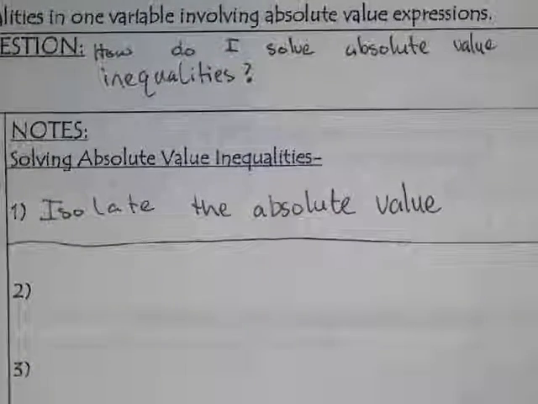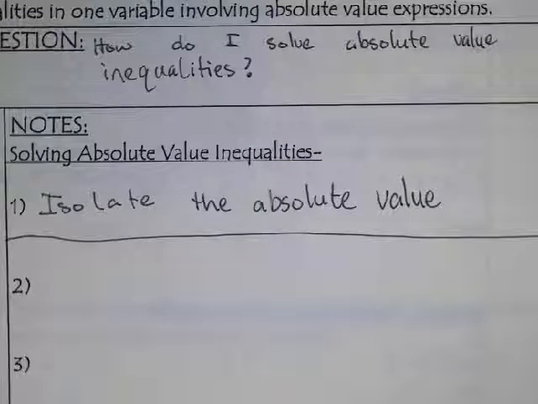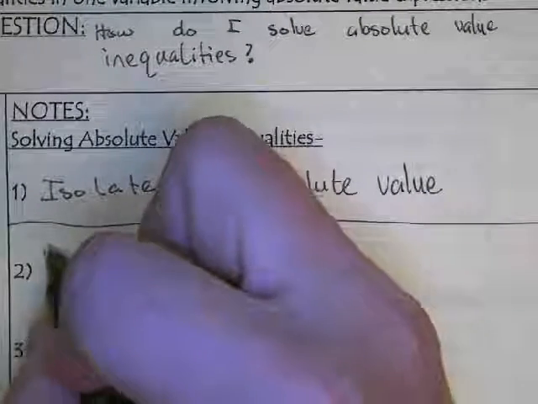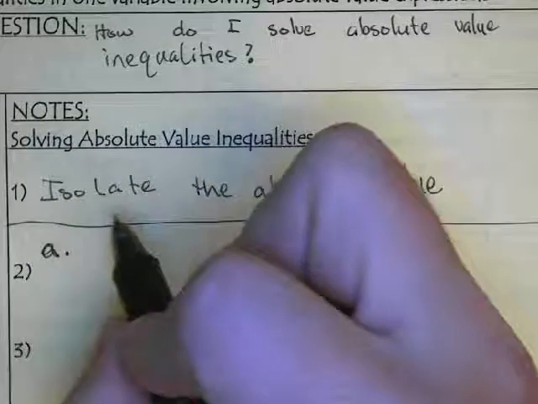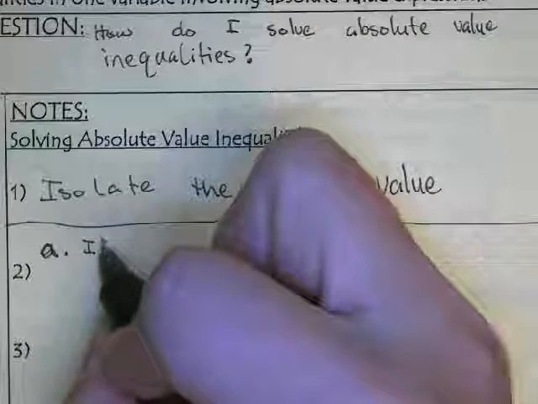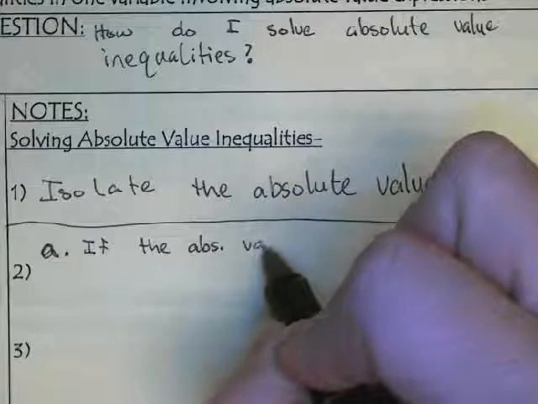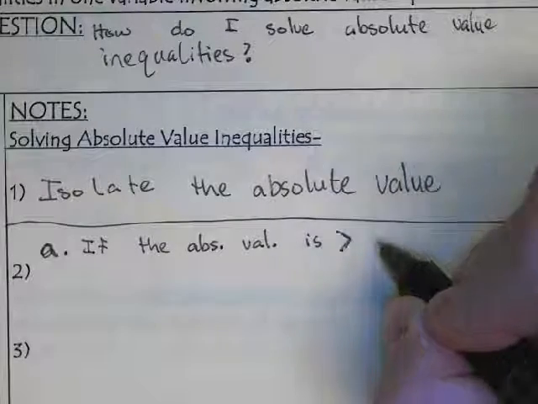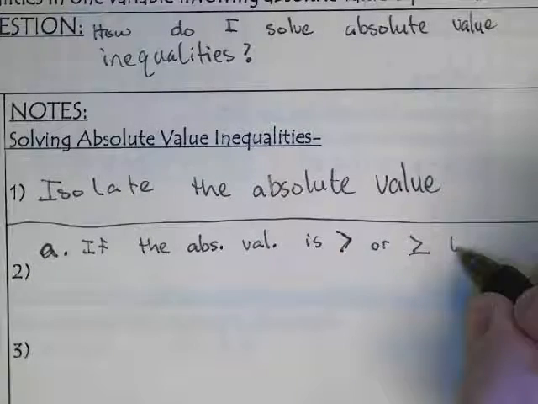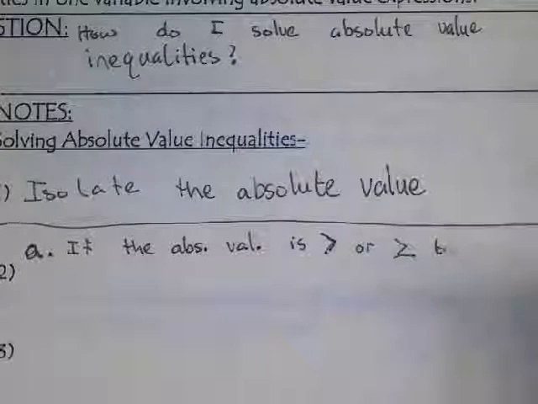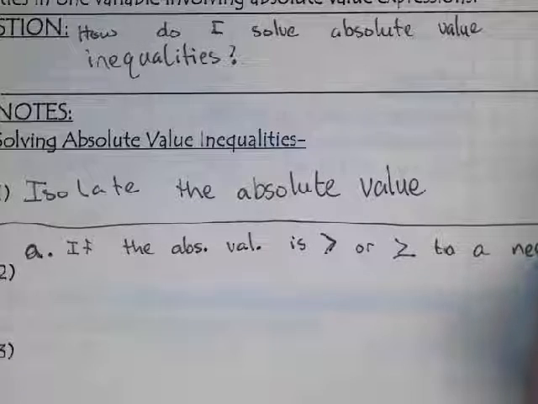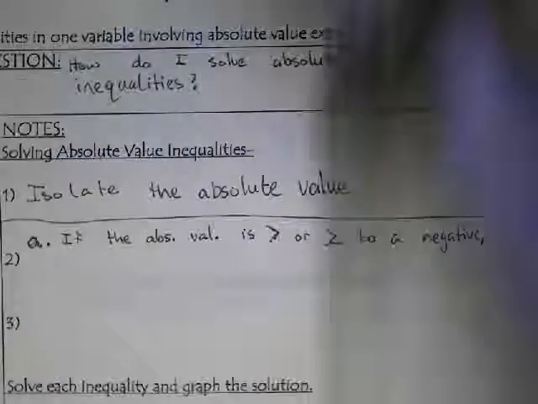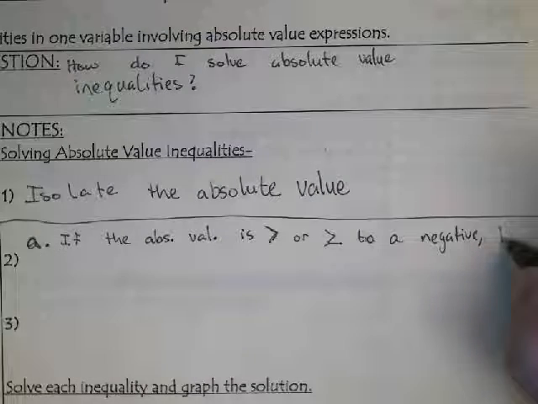Step 2, we'll talk about our two situations where we can get all real numbers or no solution. A, if the absolute value is greater than or equal to a negative, we get all real numbers.